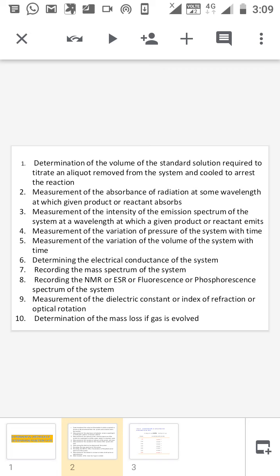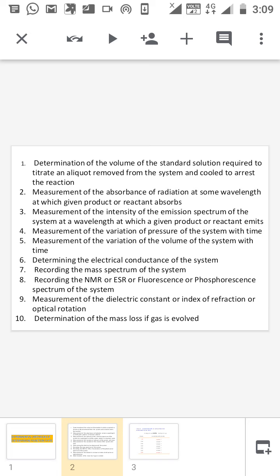Or we can measure the variation of the pressure of a system with time, or the variation of the volume of the system with time, or determine the electrical conductance of a system. These are the different parameters which we can measure in a chemical reaction. We can choose the parameter depending upon the chemical reaction.